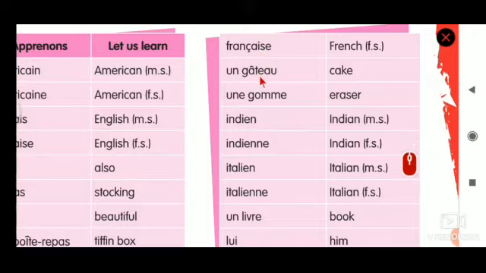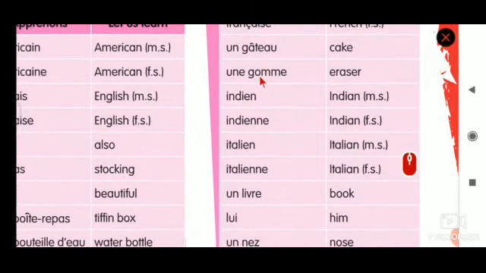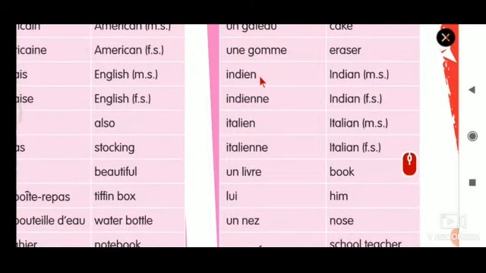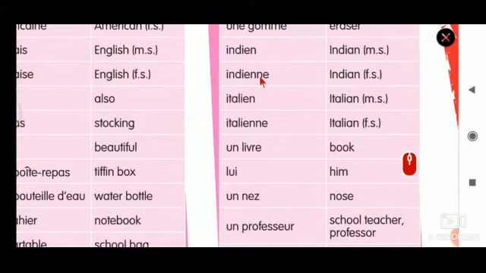And gâteau, cake. Une gomme, eraser. Indien, Indian. Indienne, Indian woman.